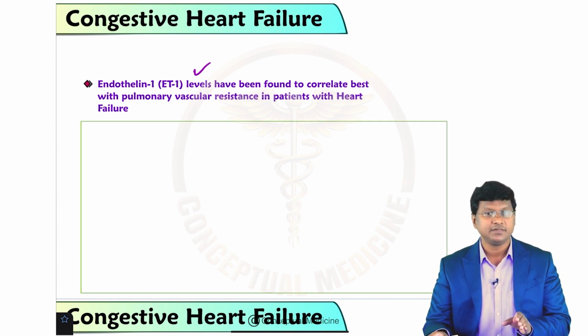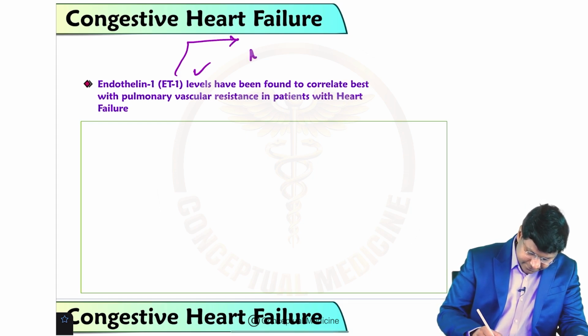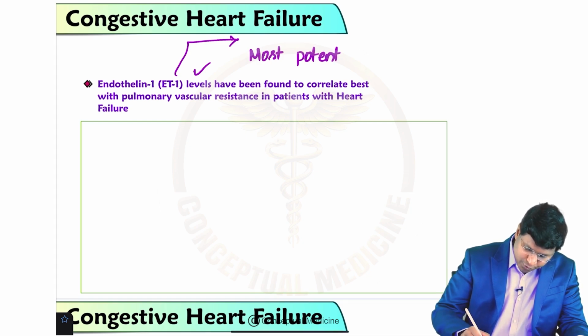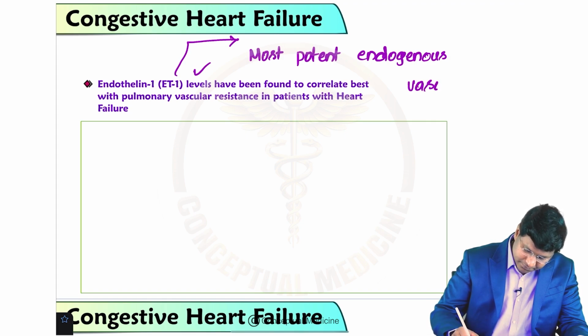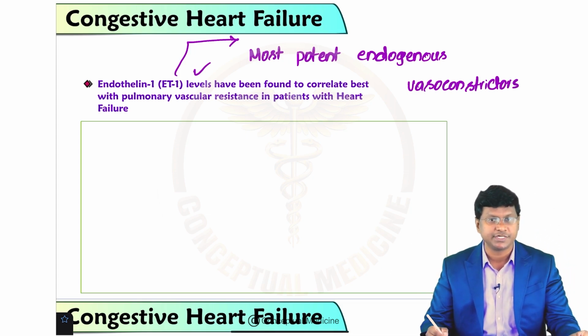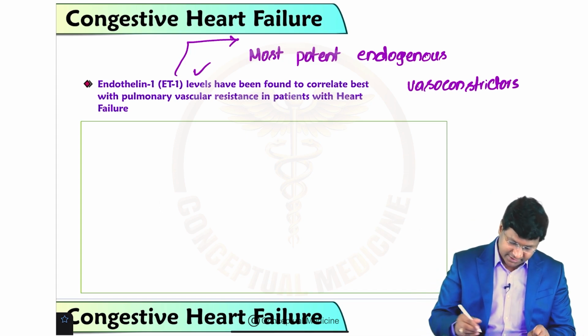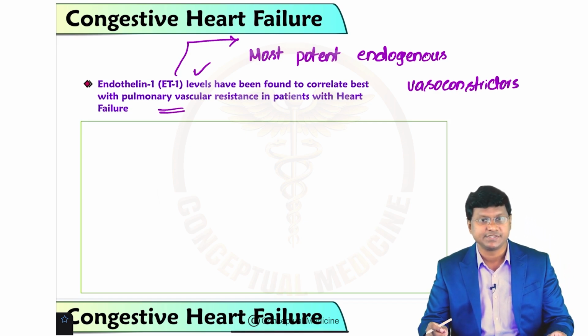And this endothelin 1 is amongst the most potent endogenous vasoconstrictors. And this endothelin 1 has been found to correlate with the pulmonary vascular resistance.